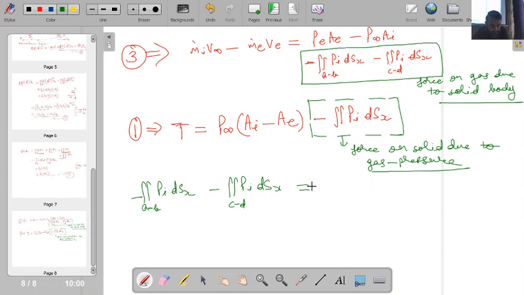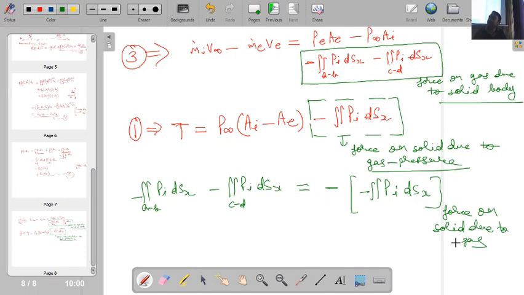This must be equal to minus double integral pi dsx, which is force on solid due to gas.